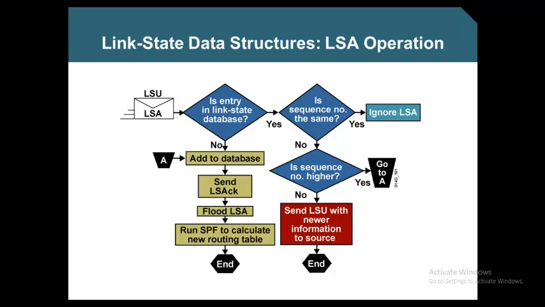It is coming to a router. It enters into a router. Now the router is going to check whether I have any entry. If it is a fresh router, just started, there won't be any entry. So whatever came, it collects in the database. And then it will send the acknowledgement to the sender. Afterwards, it will flood this advertisement to the rest of the neighbors. Afterwards, it uses the SPF algorithm to calculate the best path and put the best path into the routing table.